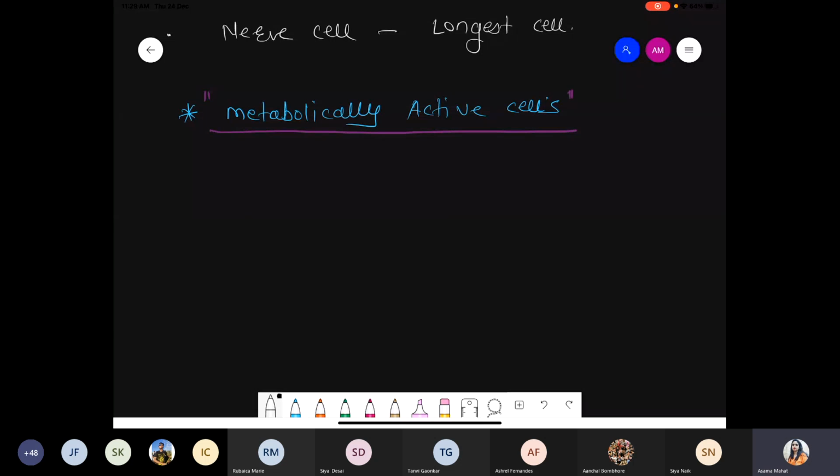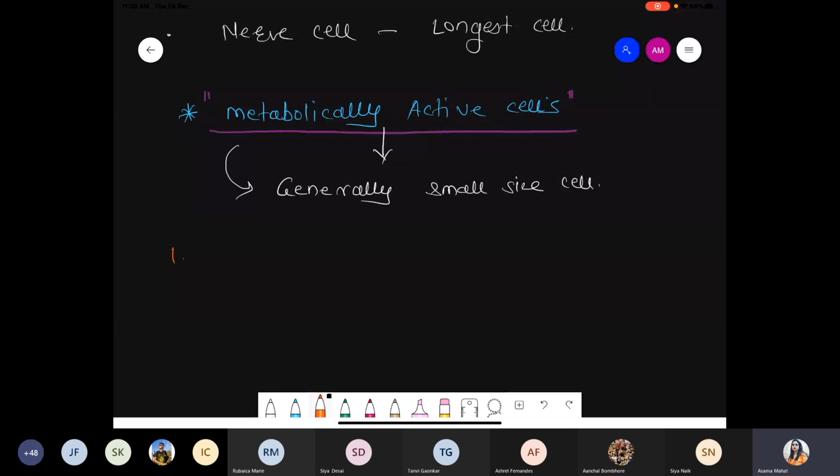But please remember, when we use the word metabolically active, generally small size cells are more metabolically active as compared to large size or mature ones. This is the exact rule. Now we discuss why such a condition is present.